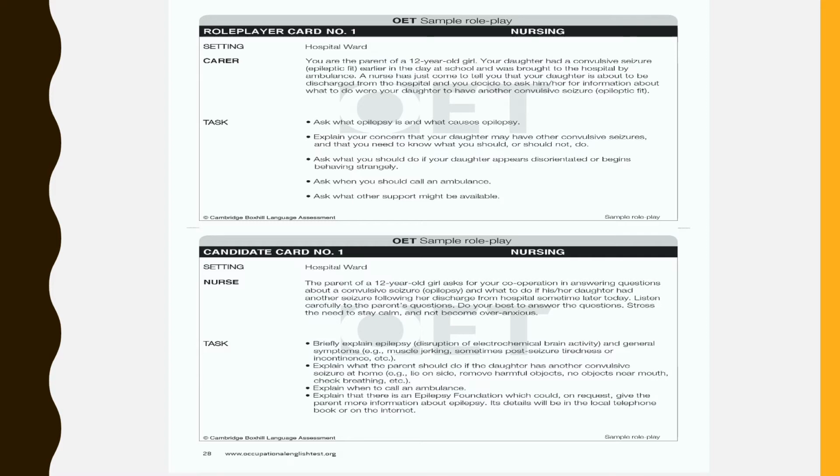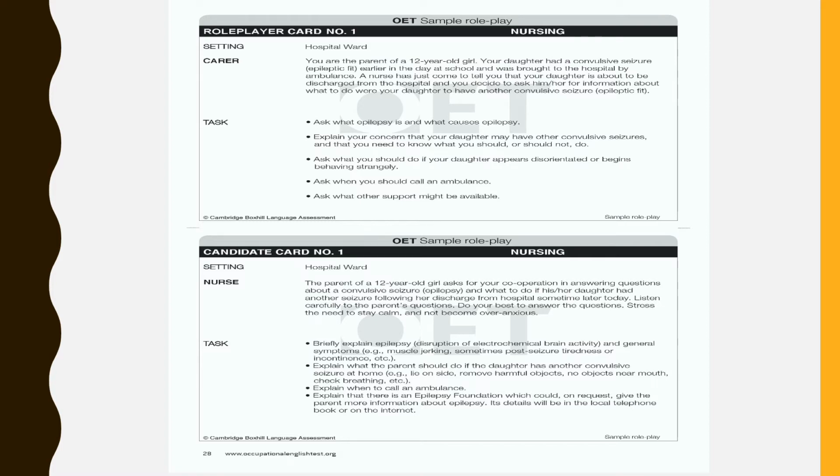At the top of the role play card is information about the setting, for example, where the conversation is taking place. As you can see, on this role play card, the setting is hospital ward. In other situations, it could be surgery, health clinic, home visit, or A&E department.